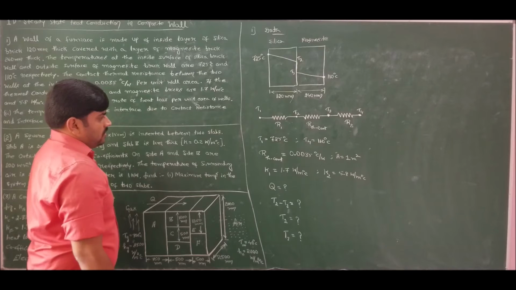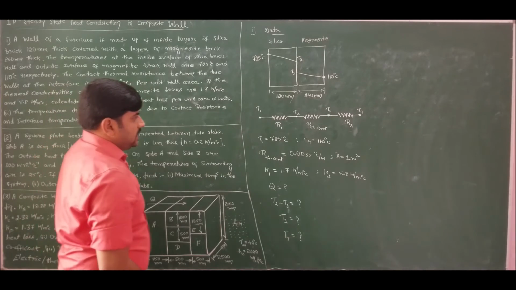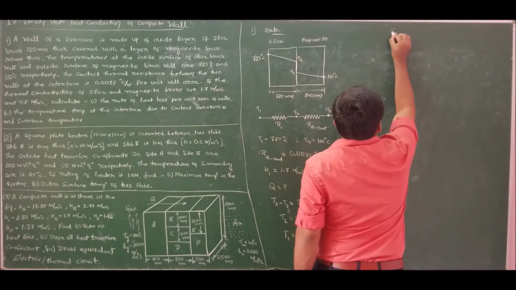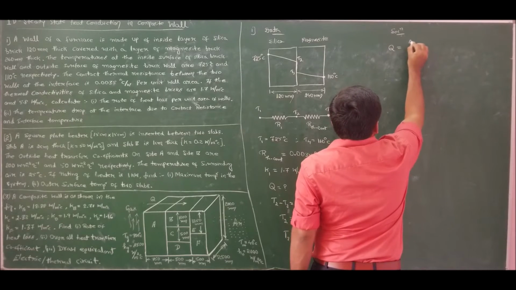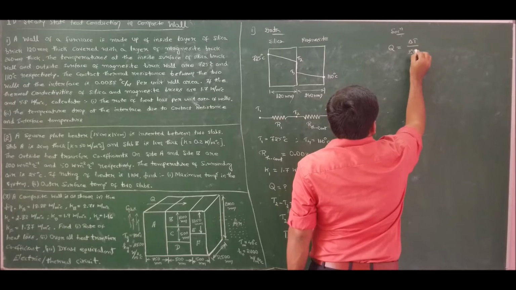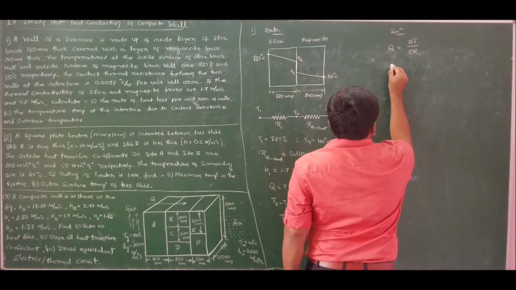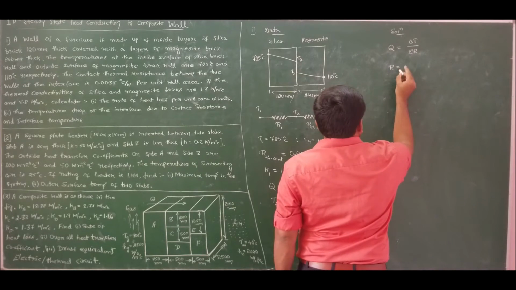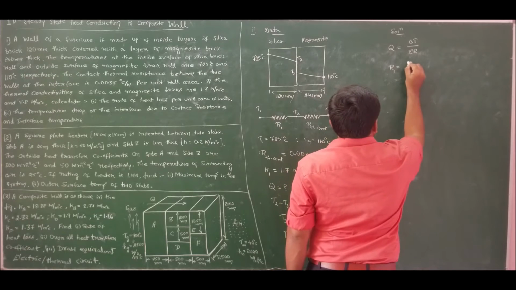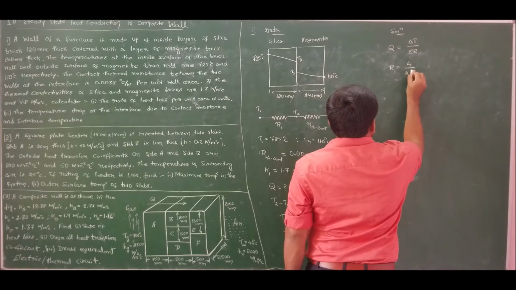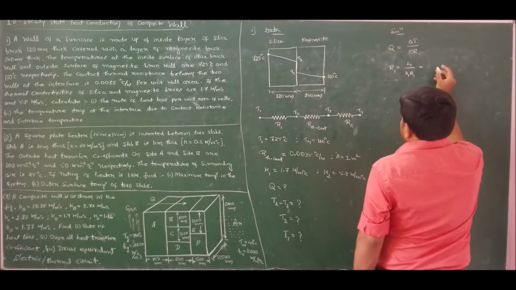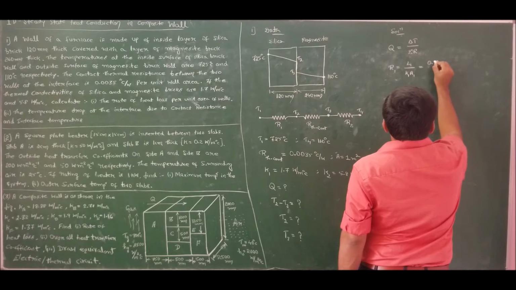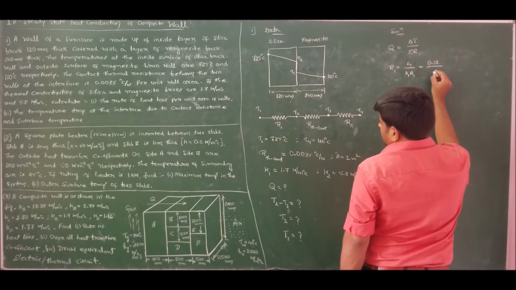Now, we know that the rate of heat transfer is given by, for composite walls, Q is equal to delta T by sum of resistances. Now, first, if I note down the value of R1, R1 is equal to L1 by K1 A1. Area remains the same for a composite wall. Length is 120 mm, that is 0.12 meters.